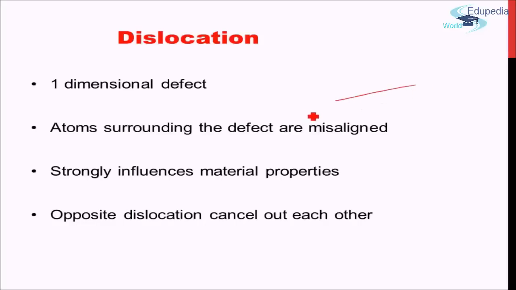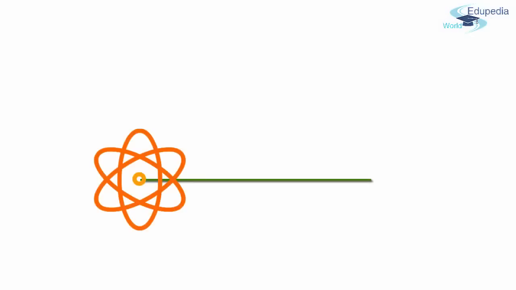So if this is our dislocation line, which is in one dimension of course, then the atoms surrounding this will have strain in them. This region will be a strained region, and as a result the atoms will not be located at their designated lattice sites. Rather, they will be displaced from the original position where they should have been, and this displacement leads to a misalignment of the atoms surrounding the dislocation line.